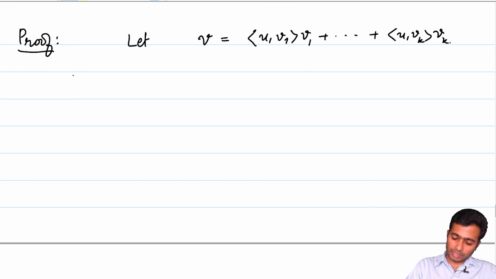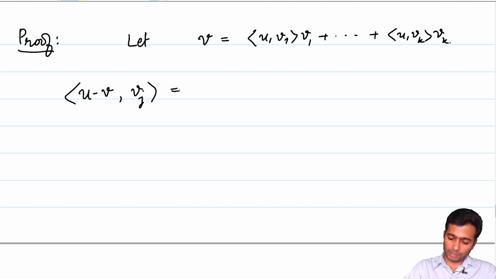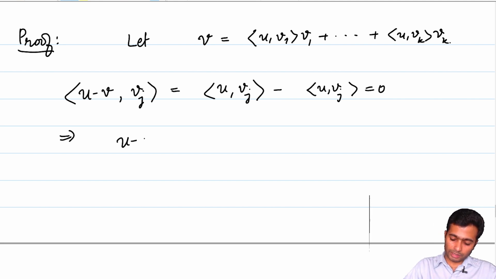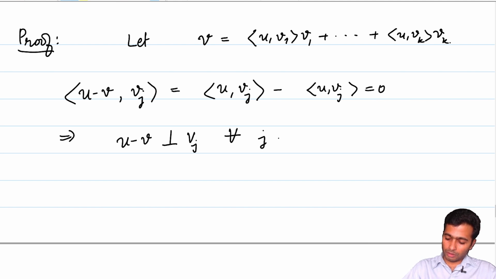Now if you observe, U minus V, if you look at the inner product of this with Vj, this is just going to be equal to U with Vj minus the inner product of V with Vj, which I will just directly write as U with Vj, which is equal to 0. So this implies that U minus V is orthogonal to Vj for all j from 1 to k.